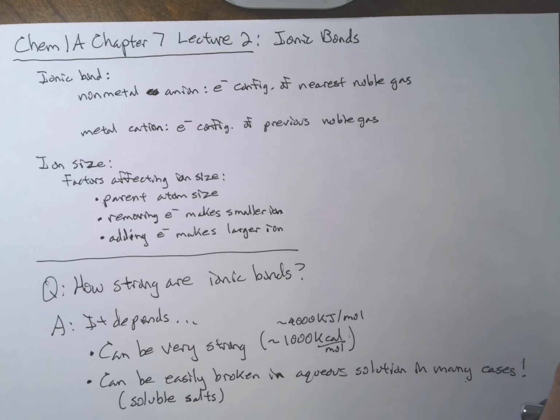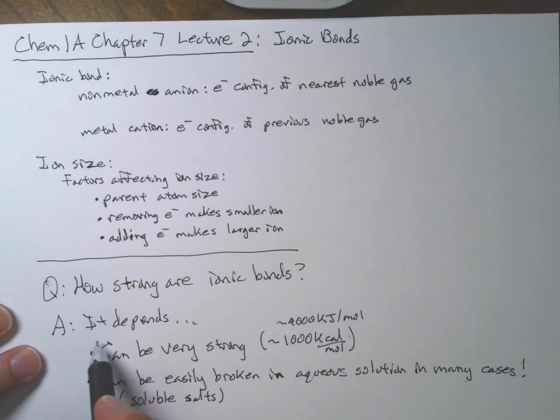But something like, well, we'll see in just a minute, lithium fluoride has a bond energy of around minus 600 kilojoules per mole. So that's about minus 150 kcals per mole. And it is soluble. We'll see in a later lecture that ionic covalent bonds may have bond energies of around 400, 500 kilojoules per mole, but they don't break when you put them in aqueous solution.